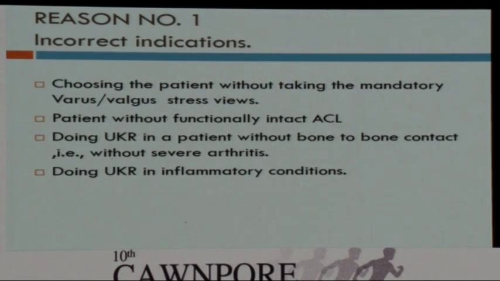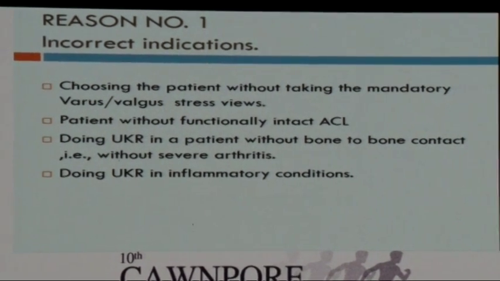Number 1. Most of the surgeons are comfortable with just looking at the patient clinically, looking at the weight-bearing X-ray of the patient and deciding, okay, this patient looks like a patient for TKR, or okay, this patient looks a good case for Oxford replacement, without going through the mandatory steps as recommended by the Oxford group, that varus and valgus stress X-rays should be taken.